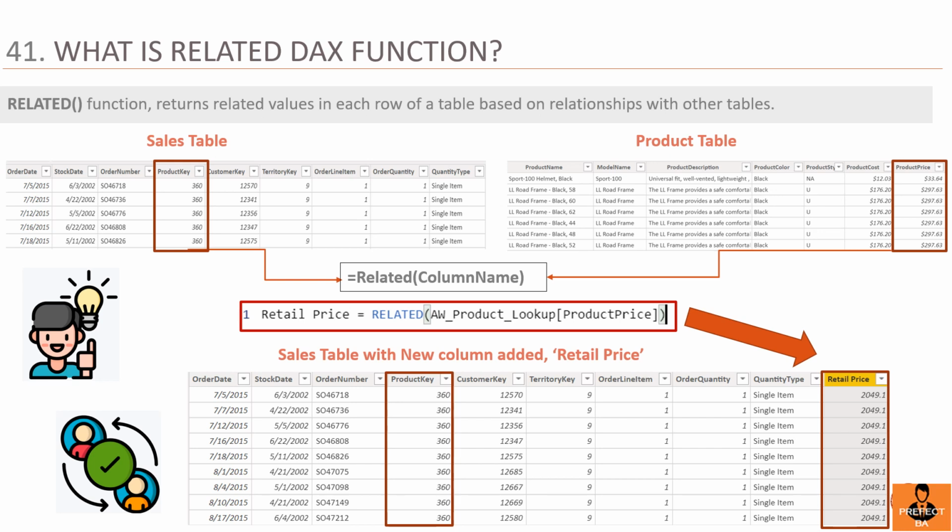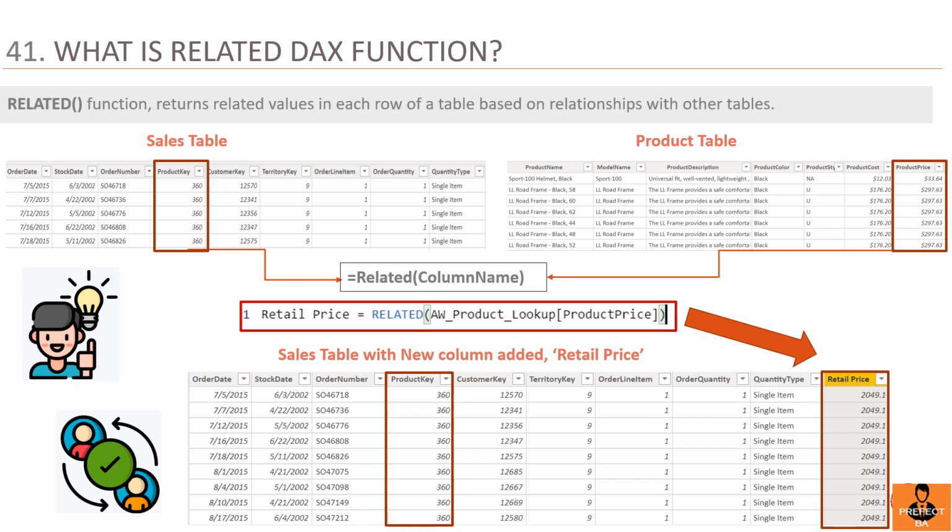Related function returns related values in each row of a table based on relationships with other tables. Related function retrieves the column that contains the value an analyst wants as per the business requirement. In the example above, analyst is trying to pull product price from the product table into the sales table as per the product key column.